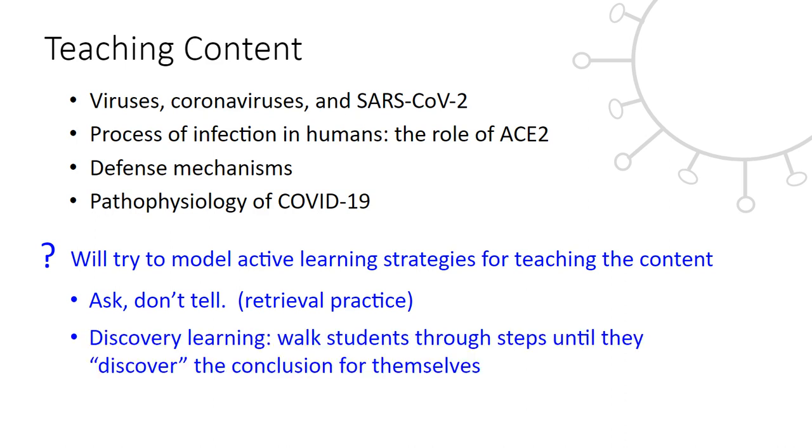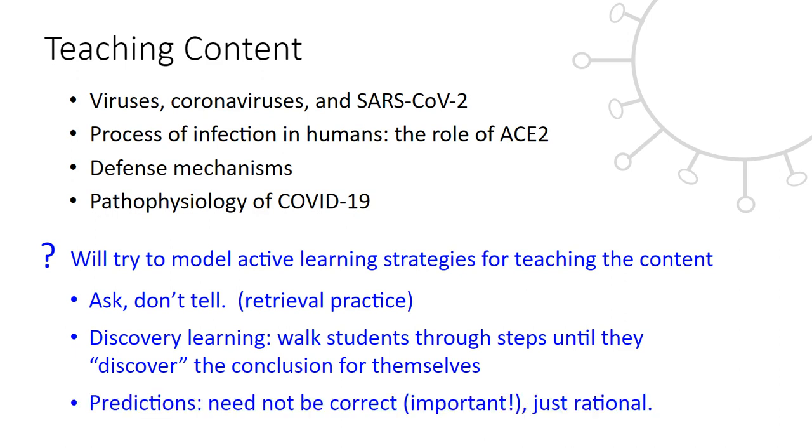We'll also show a little bit of discovery learning, where you walk students through steps until they discover the conclusion for themselves. And one of my favorite things is to ask students to predict. And the key point with this is you say, given what you know about something, predict what might happen if.